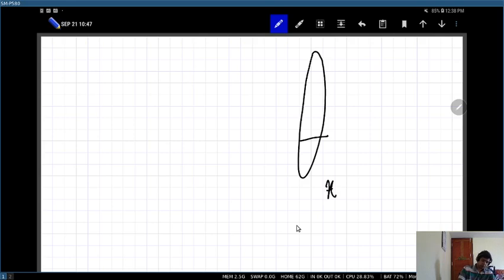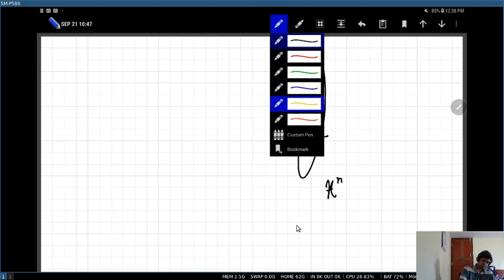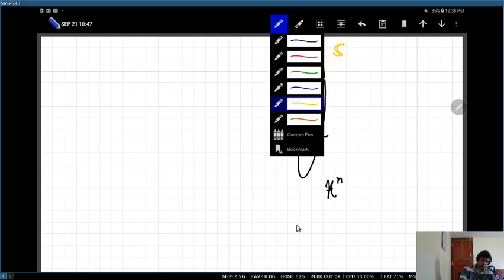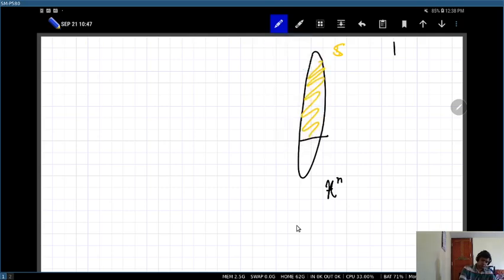So this whole set is script X to the n, and this is the set S, which is going to have size 2 to the k, right?